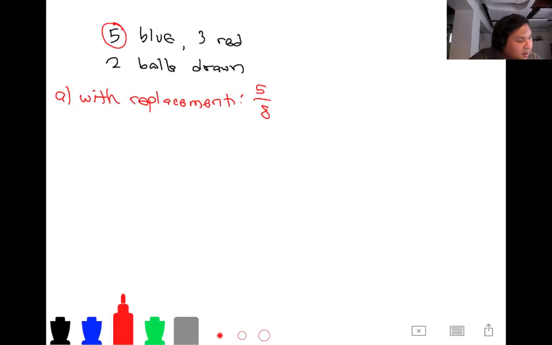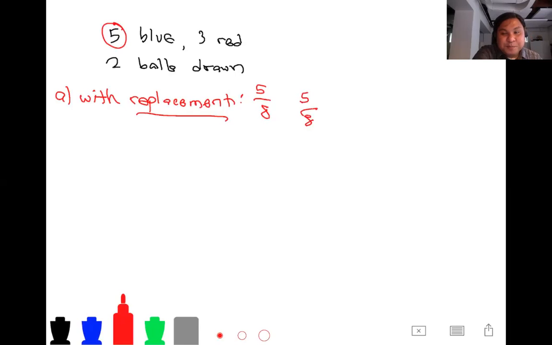Now, because this is with replacement, after you draw the blue ball, you return the blue ball. And maybe you shake it a bit, and then you draw again. So to get a second blue ball, that would be again a 5 out of 8 chance.